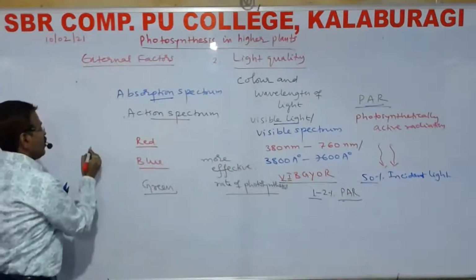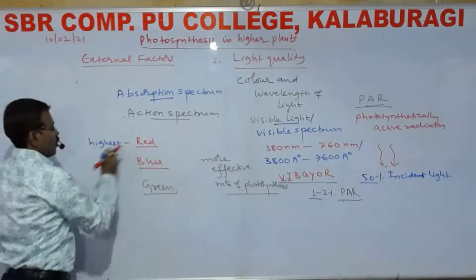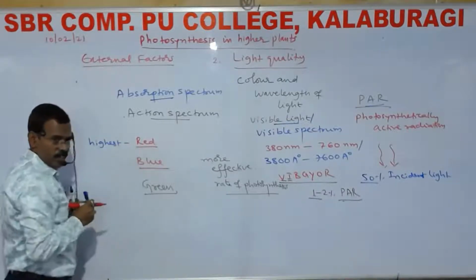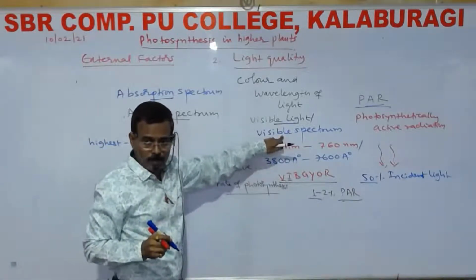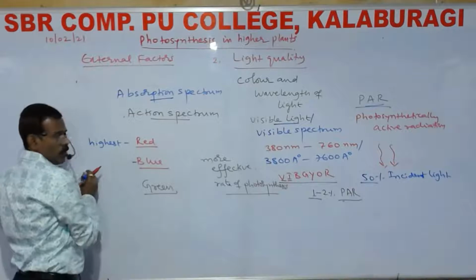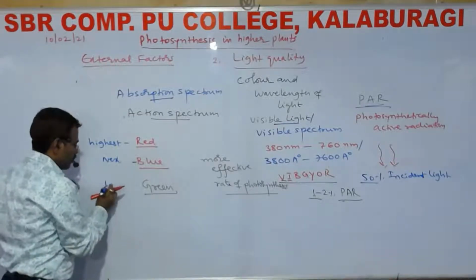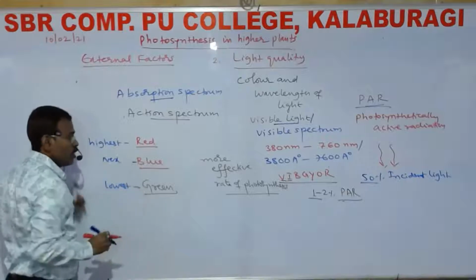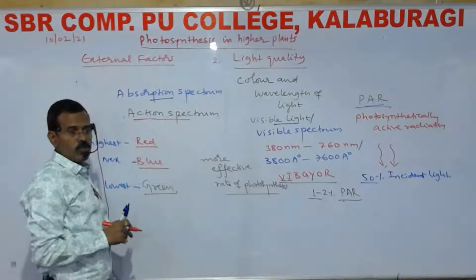So highest rate of photosynthesis is in red light, red light of the visible spectrum. Remember that. Then next in blue light. Least, lowest rate of photosynthesis in green. So this is what we call action spectrum.